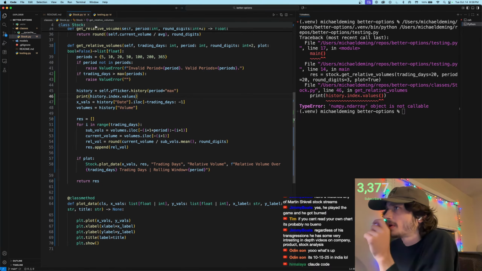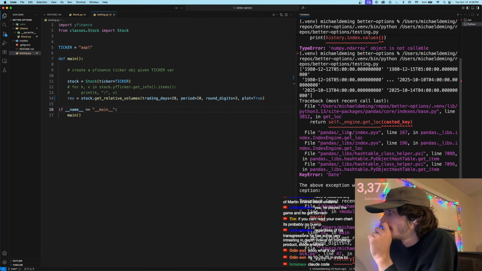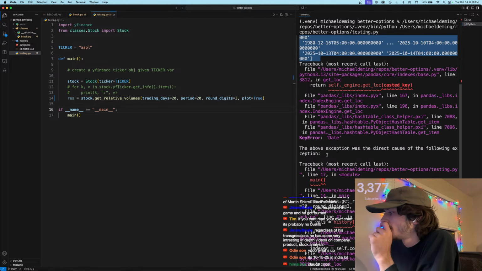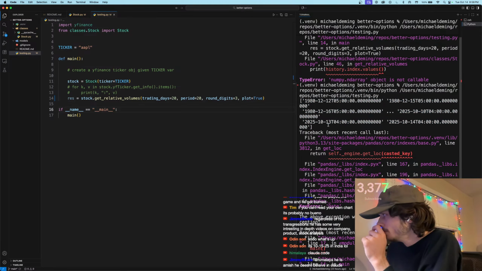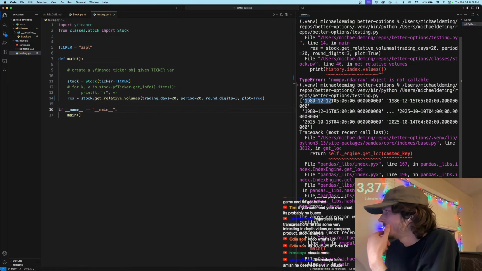It's a property. Okay, so there they all are. Now I wonder what happens if we just slice off the first 1, 2, 3, 4, 5, 6, 7, 8, 9, 10 characters.